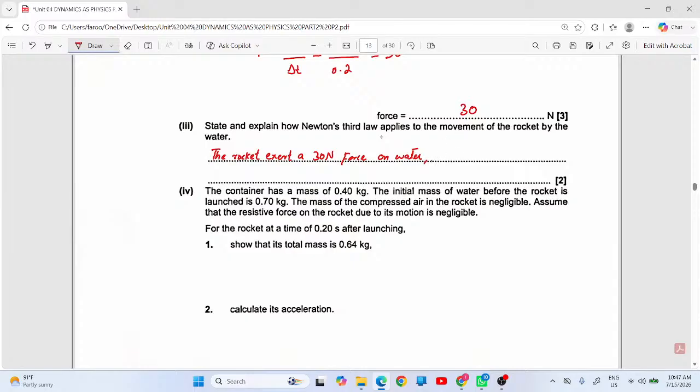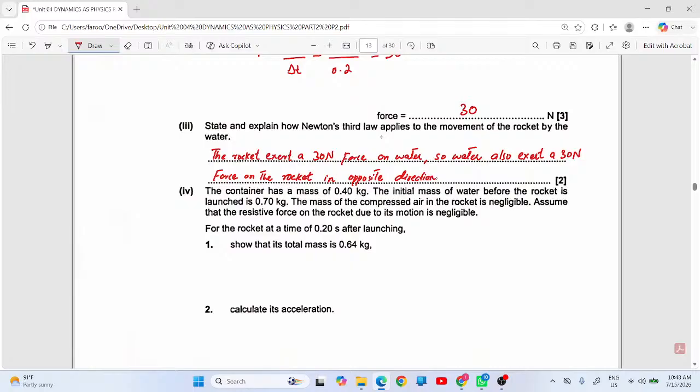The water also exerts a 30 newton force on the rocket in the opposite direction.